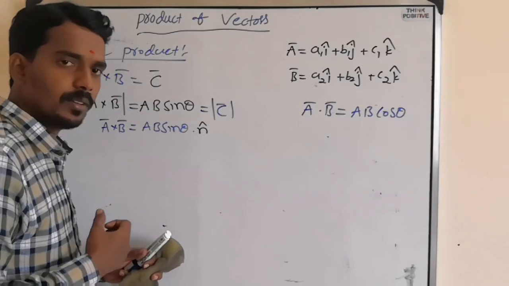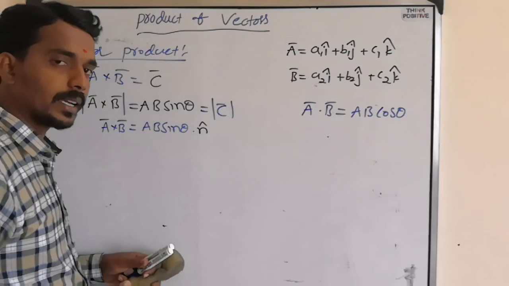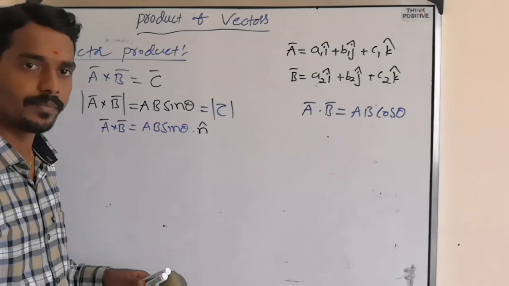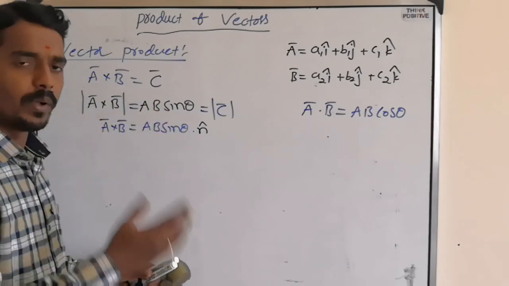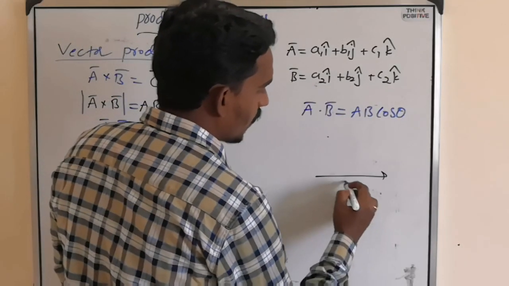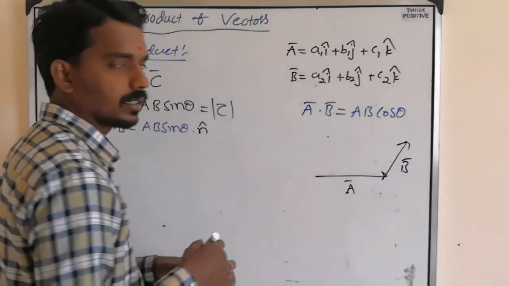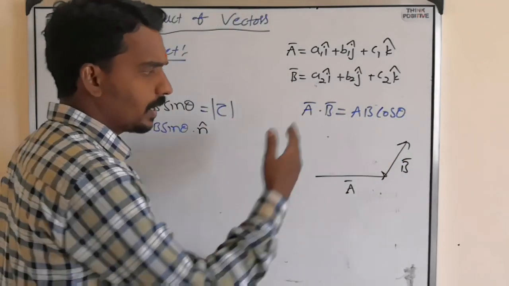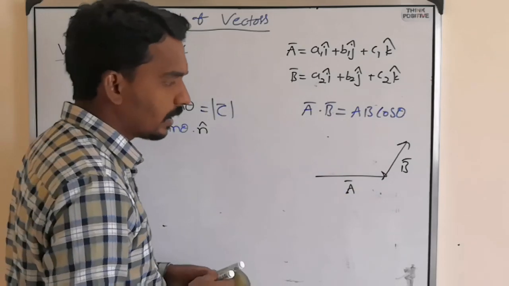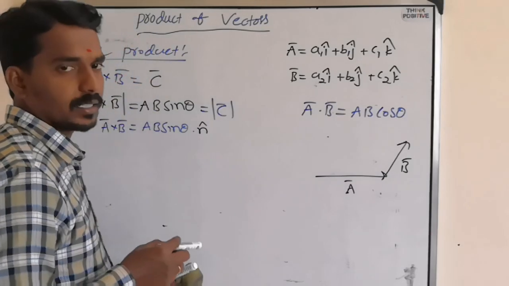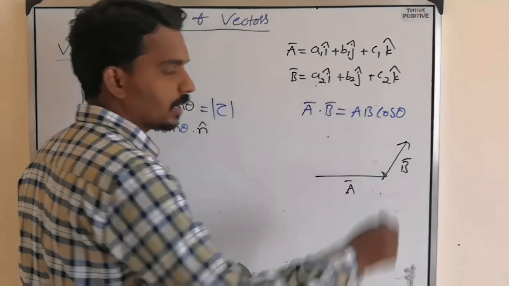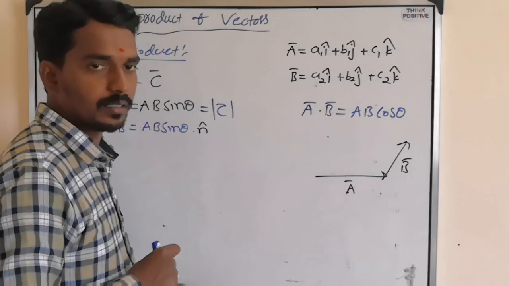See, we know i cap is the x direction, j cap the y direction, k cap the z direction. But what is n cap? See, A bar and B bar are two vectors. Let's say they are in some plane, maybe xy, yz or xz plane. Then consider a direction perpendicular to the plane containing A bar and B bar, please understand the sentence.